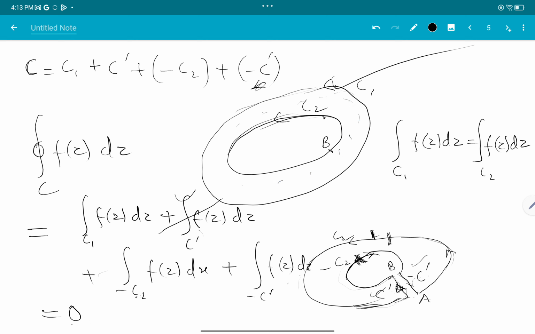Now if you can further deform this path into another path, provided the function satisfies those conditions dictated by Cauchy's integral theorem, then you can even squeeze it into a smaller path, then even smaller, leading to the point. This is a result that we will use.